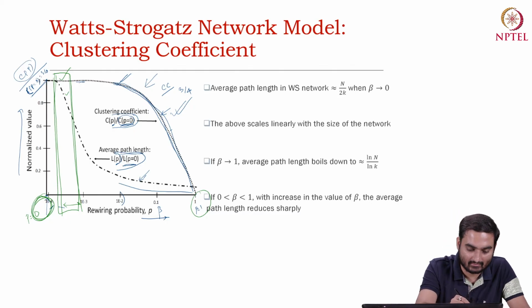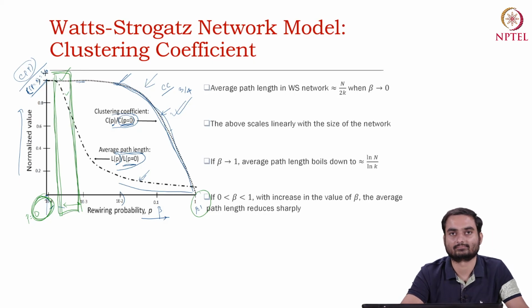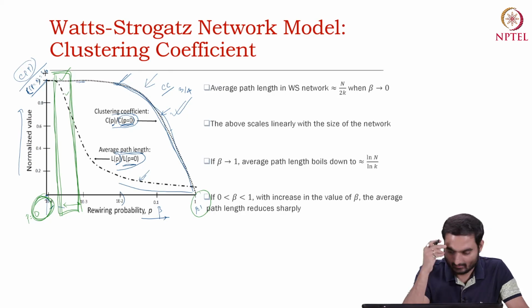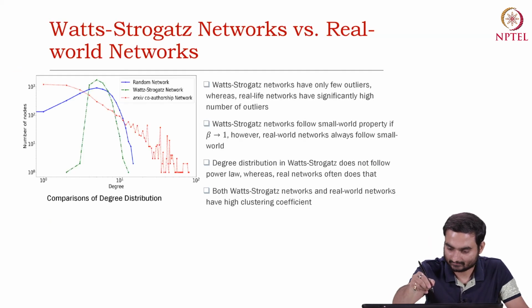So possibly this part follows the small world property. Okay, so this was the proposition of Watts-Strogatz. So you can actually generate a spectrum of graphs using the Watts-Strogatz method by varying the values of p.